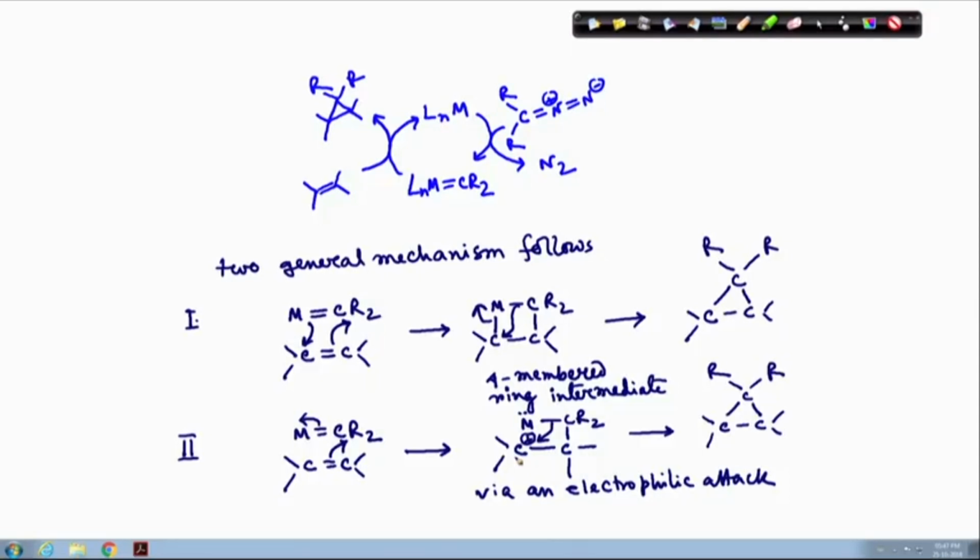Overall, the stereospecificity will not be maintained, but we found that these reactions are generally highly stereospecific. Okay. So, in this case the transition metal carbenes can form the cyclopropane through these two general mechanisms. Now, we will see some examples of these methods.